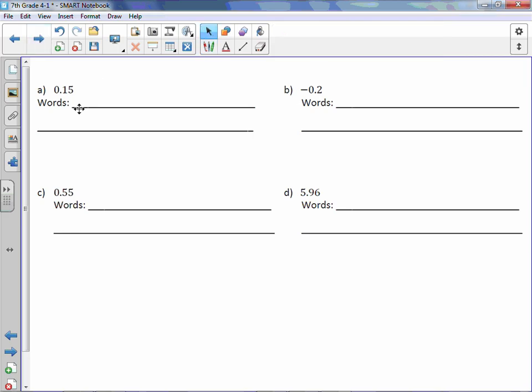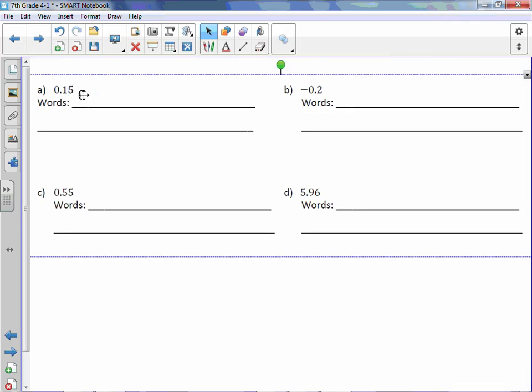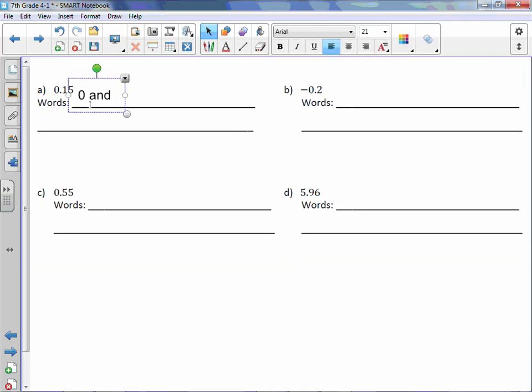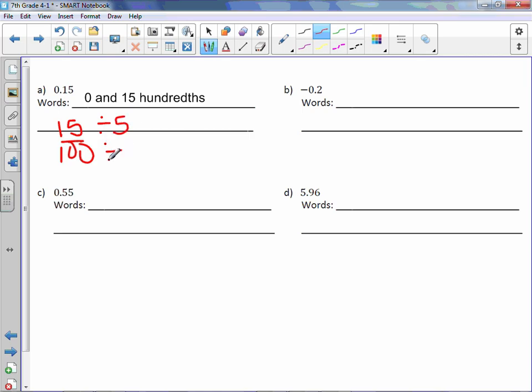So our words here, we would say, zero and 15 hundredths. We would write that as 15 hundredths, or 15 over 100. Our last step would be to reduce, and we can divide numerator and denominator by 5, and we get 3/20.